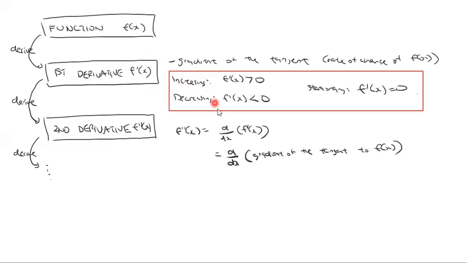So here, when you're taking the derivative of this, what are we saying? How would you interpret that? Using words. If the first derivative is the rate of change of the function, then the second derivative is the rate of change of the first derivative. Right.